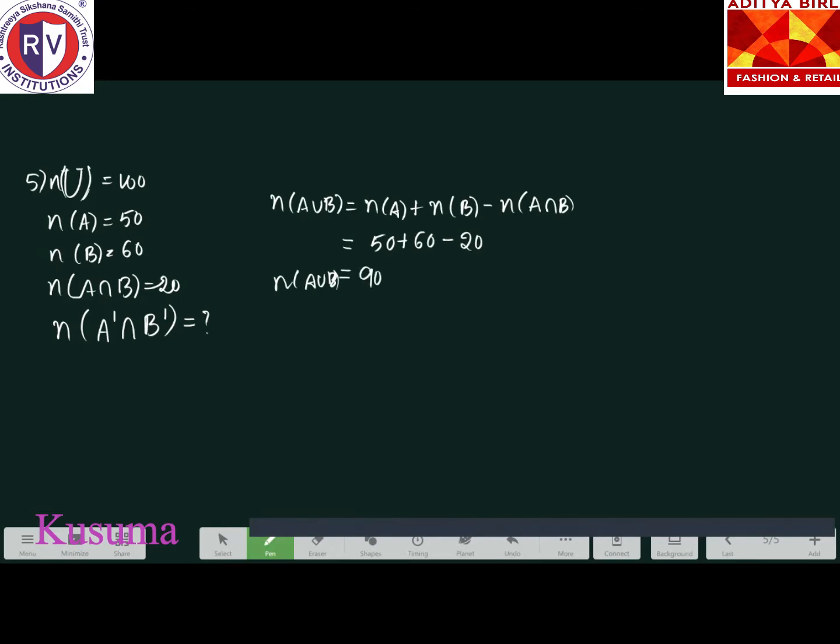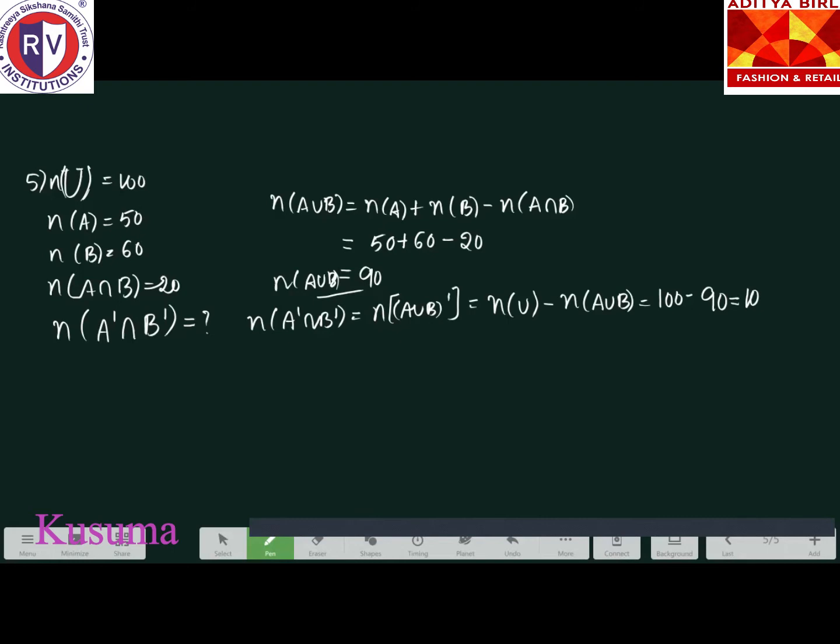Now, we have to find out N of A dash intersection B dash, that is N of A union B whole dash, which is nothing but N of U minus N of A union B. Now we have both the values: N of U is 100 minus N of A union B is 90, which is equal to 10.